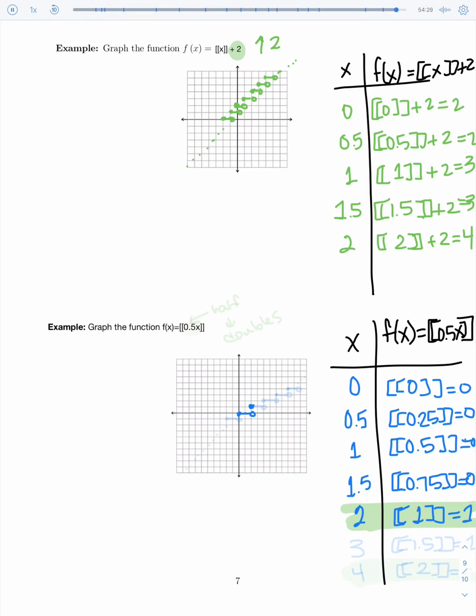And if you want to get a continuation of what this would continue to look like, you could do more values. Now that you kind of have an idea of what's going on, plug in, let's say, 3. If you plug in 3 times a half, you get 1.5, which still, again, will round down to 1. Plugging in 4 times a half will finally get you up to 2, which will stay as 2.